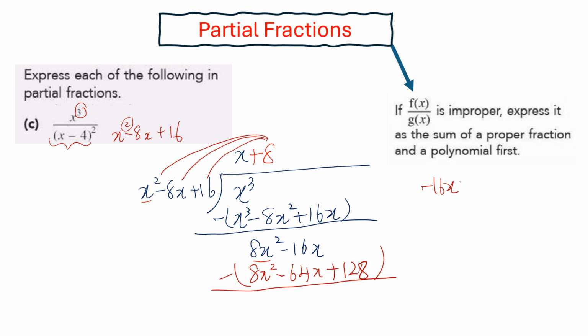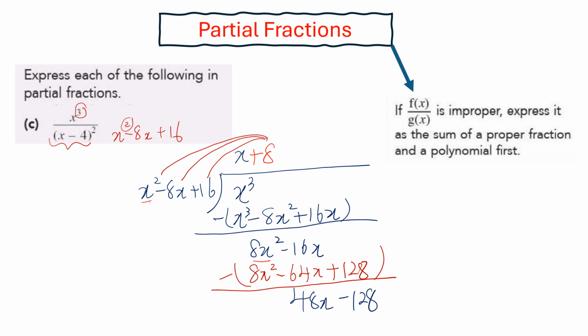Minus and minus is positive, plus 64x. 64 minus 16 gives me 48. So I'll be left with 48x minus 128.